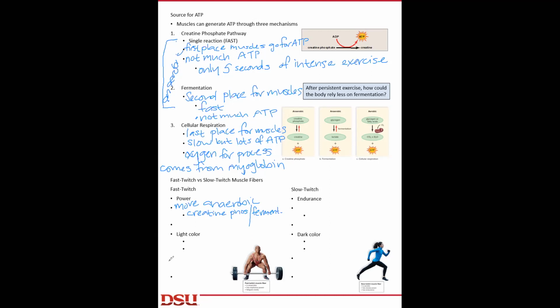This isn't using cellular respiration as much, so which organelle would not be found in as high numbers in fast twitch muscles? Well, anaerobic harvesting of energy means we don't need mitochondria, so we've got a lot fewer.